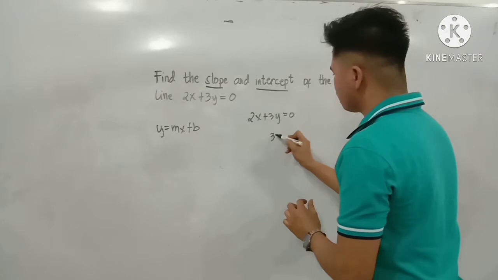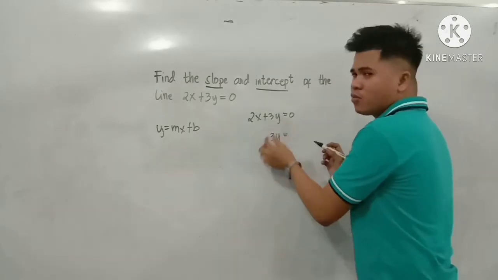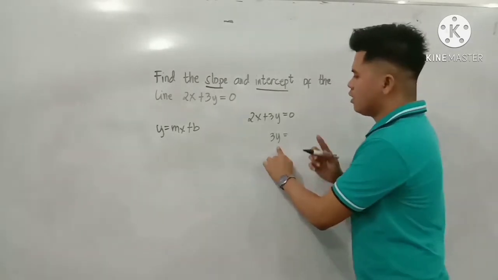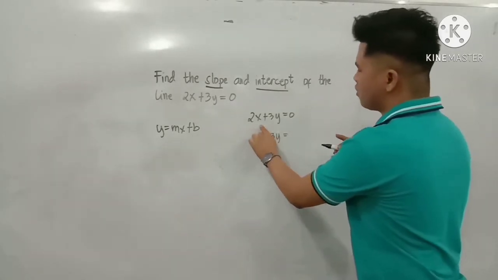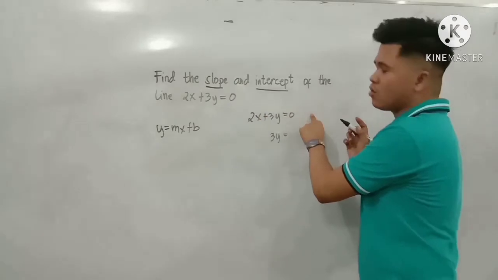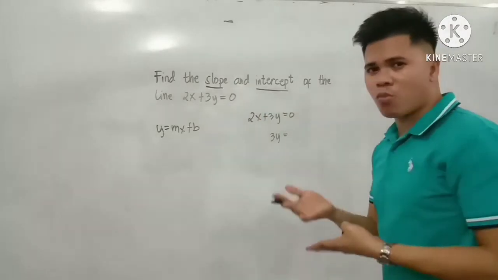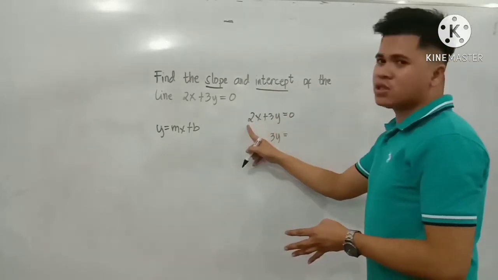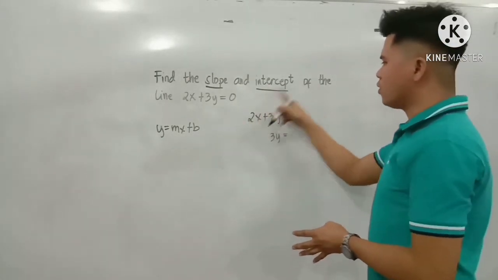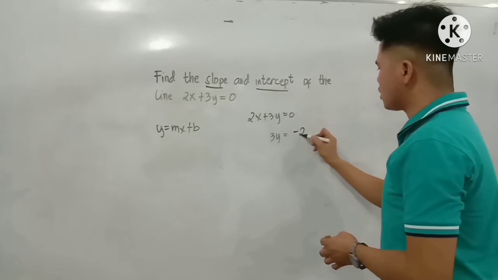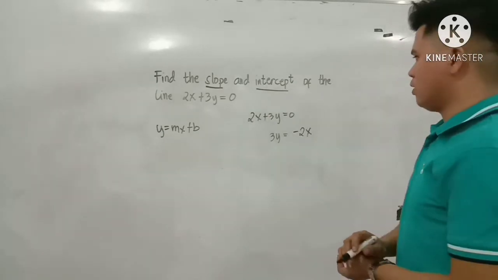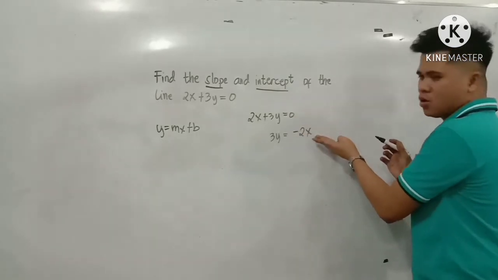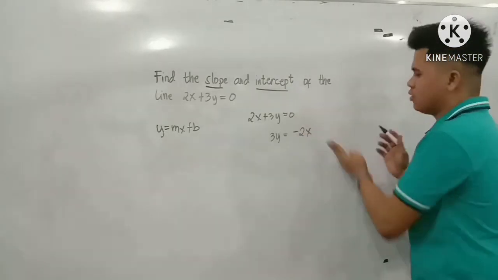We have to keep this 3y on the left side of the equation since y is our target. So 2x is transposed to the other side of the equation. Once we transpose, we simply change the sign. So from positive, it will now become negative 2x. Then, since there is no constant, automatically we don't have a constant here.